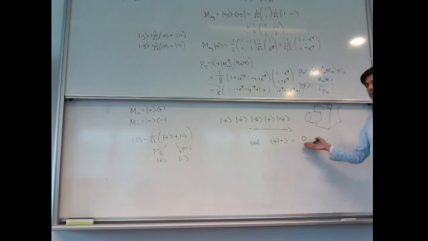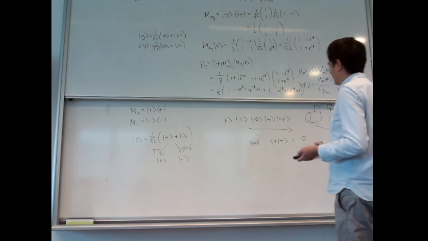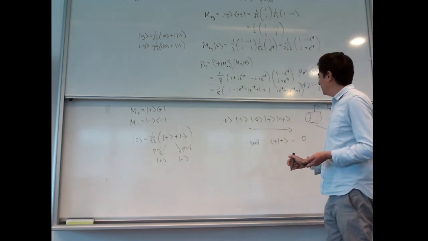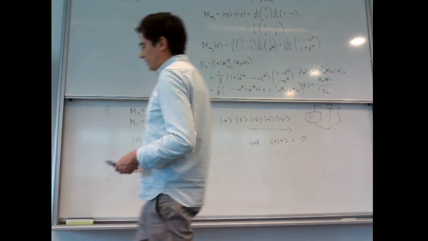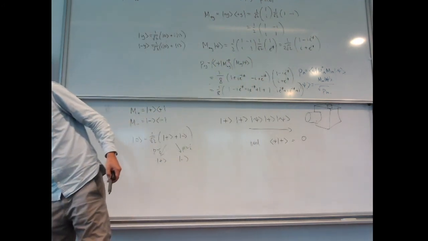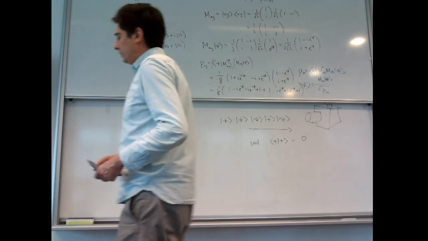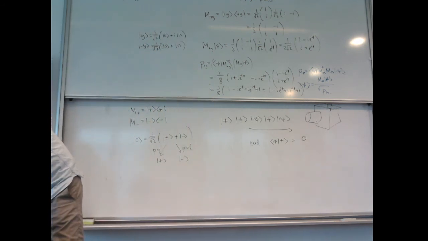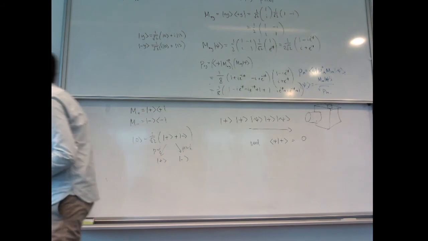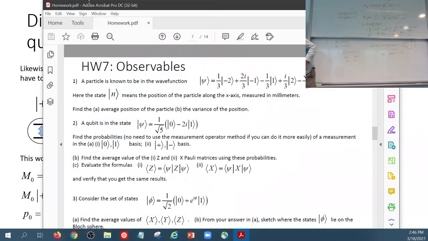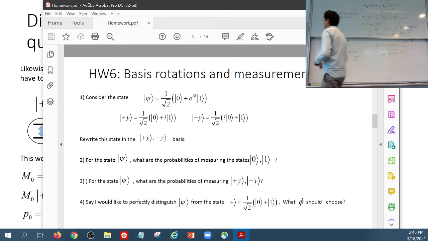So this is the key point that you need to have, and once you have that, it's just maths to work out what this condition here is. So psi was 0 plus e to the i phi 1.